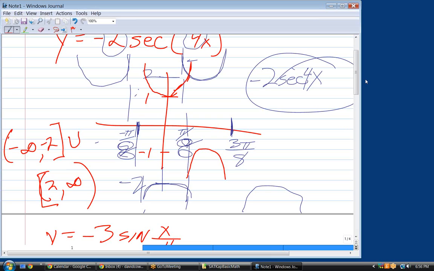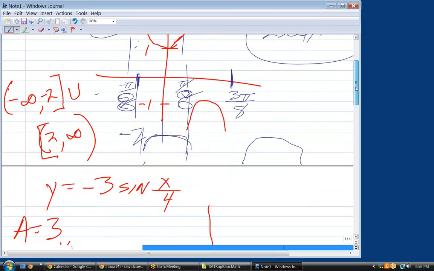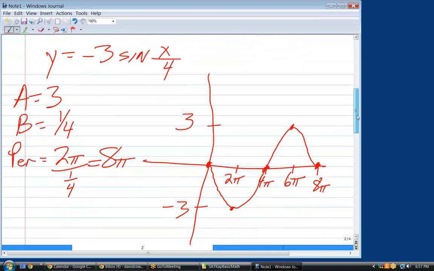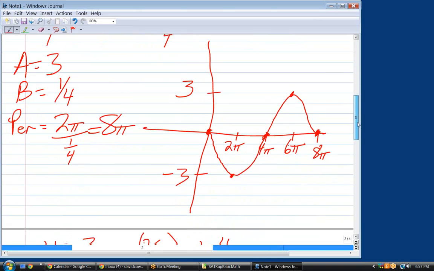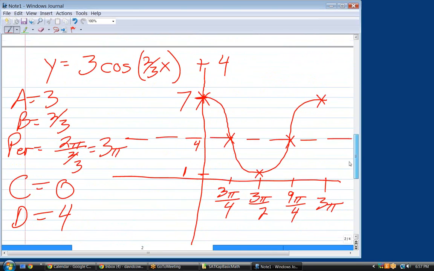If you have vertical asymptotes, then you're never going to be able to define your domain as just all reals. It's going to be all reals except odd multiples of pi over 8, like you did on the secant. But on sine, there's no asymptotes, so it's all reals for domain, same with cosine.